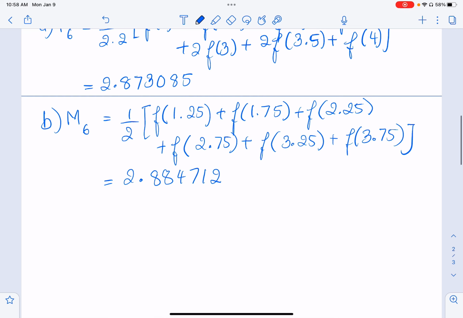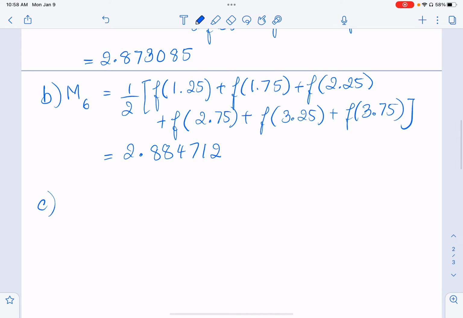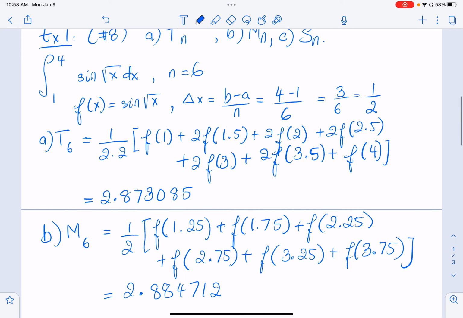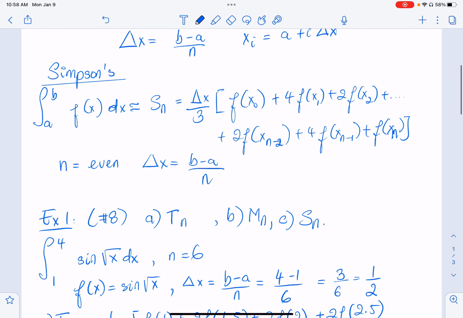Last one, Simpson's rule. So for Simpson's rule, we have delta x divided by 3. And then you see that the first one is just f of x naught. And then you have 4 for x1.